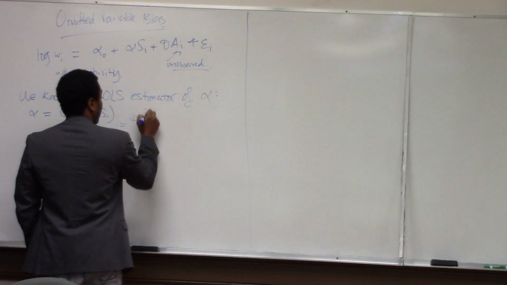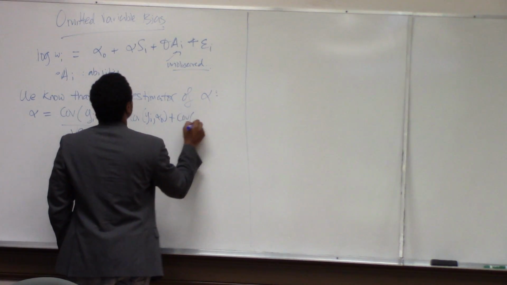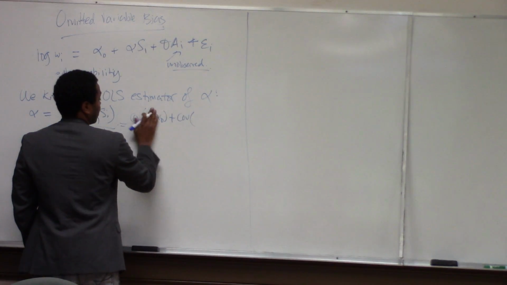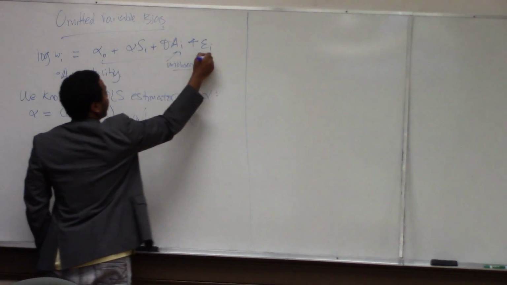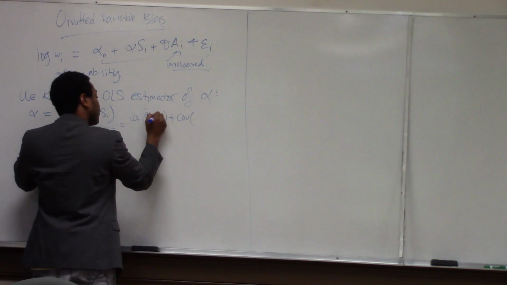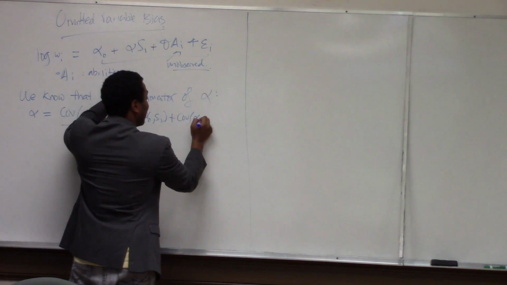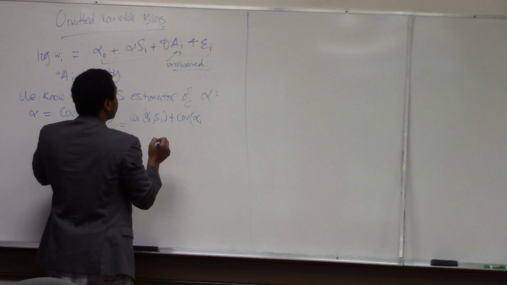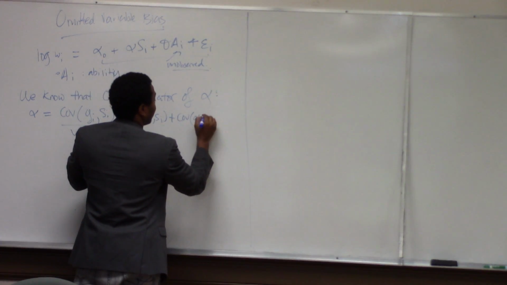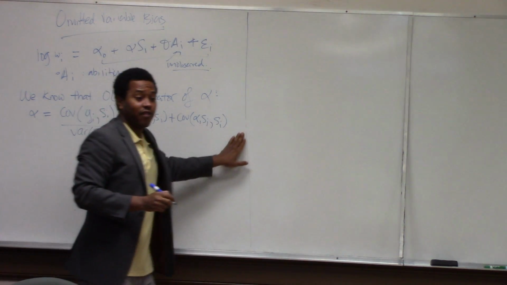Sorry, let me do this, I apologize. y_i is all of this here, so it should be the covariance of alpha 0 and s_i, the covariance of alpha s_i with s_i, and so on. Everyone see this so far?